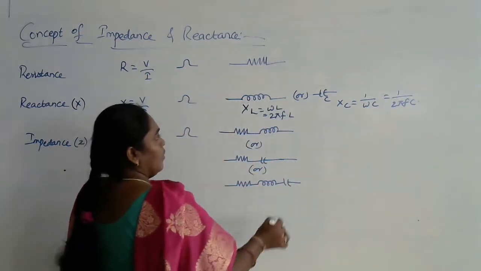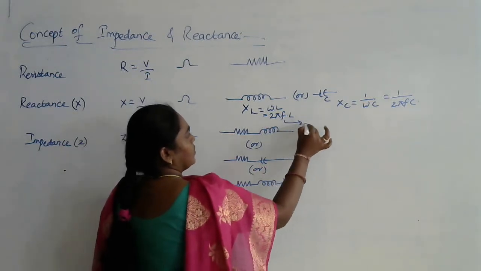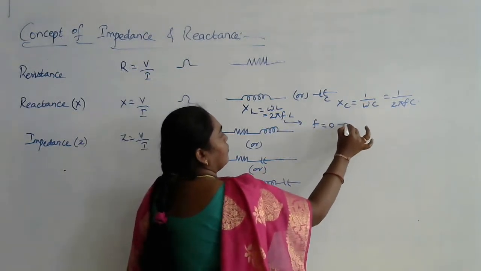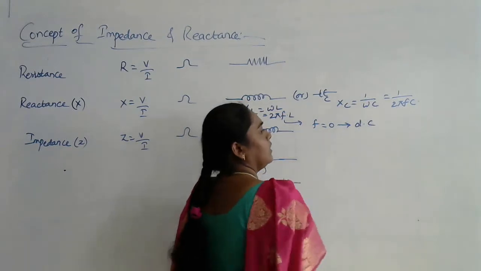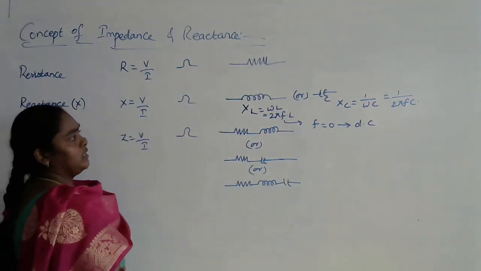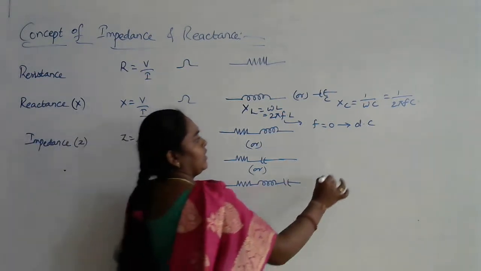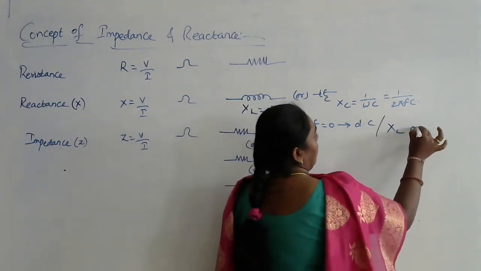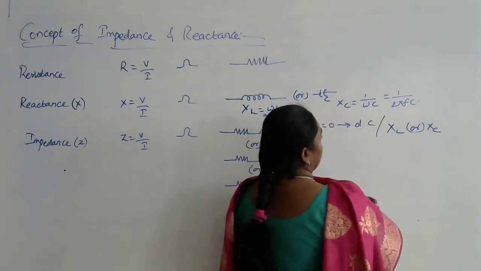Whenever f is equivalent to 0, that is, if the frequency is 0, it indicates DC. So if frequency is 0, we won't have any XL or XC related terms.